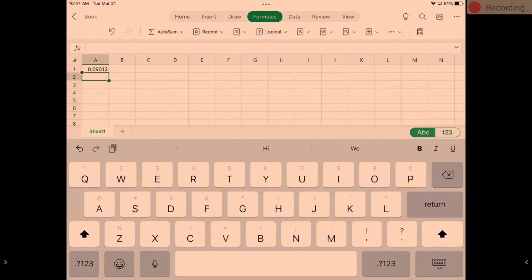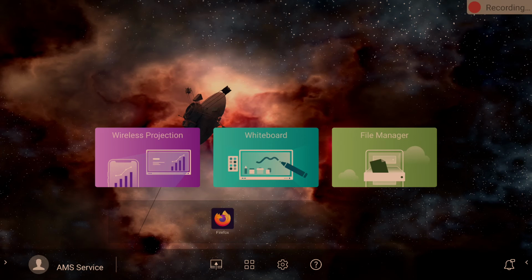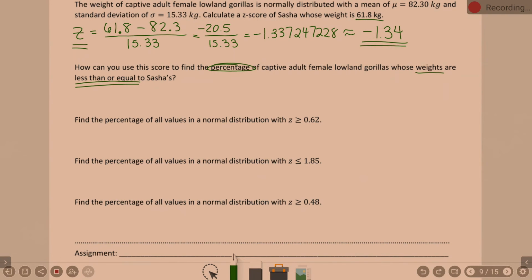Okay, let me go back to my slides. Everyone else got it to work, yes? Now, I'm going to write down some information here. First of all, I used Excel. I was in the Formulas tab, right?